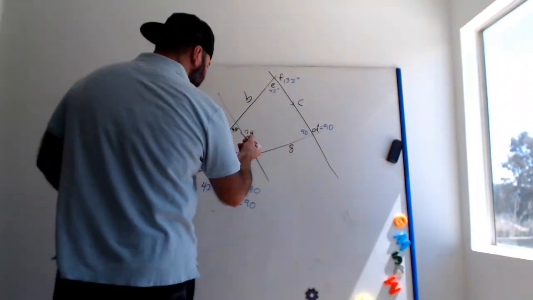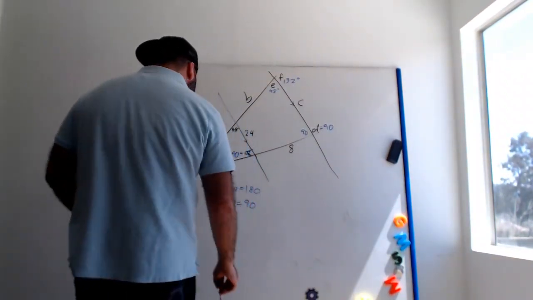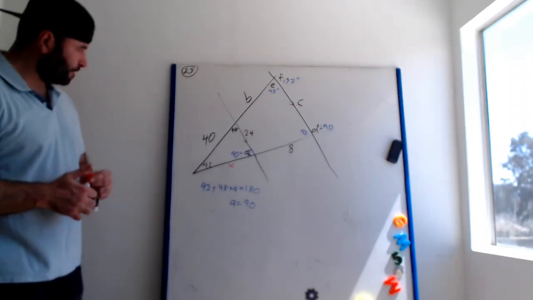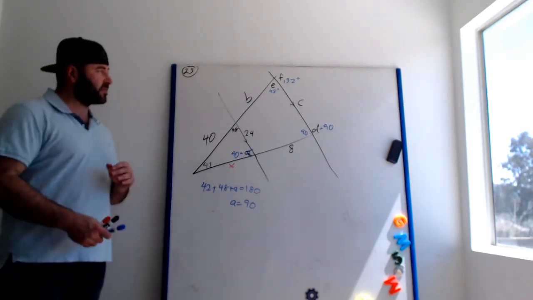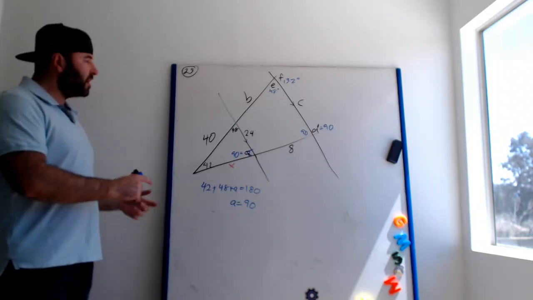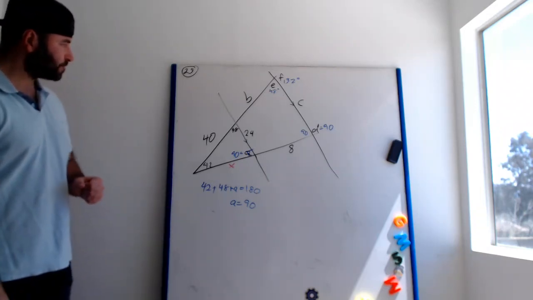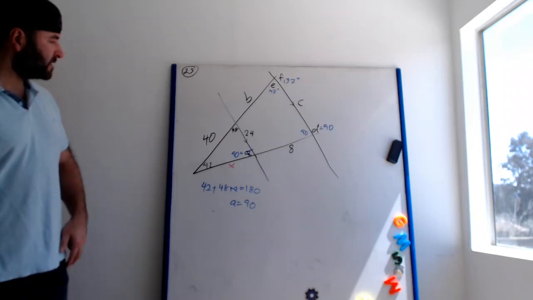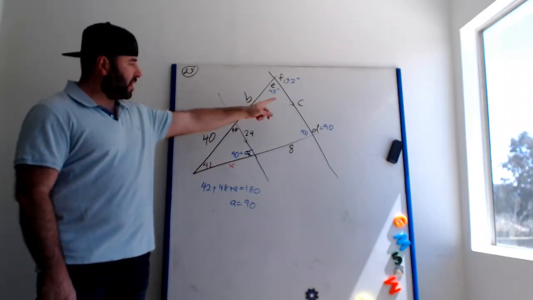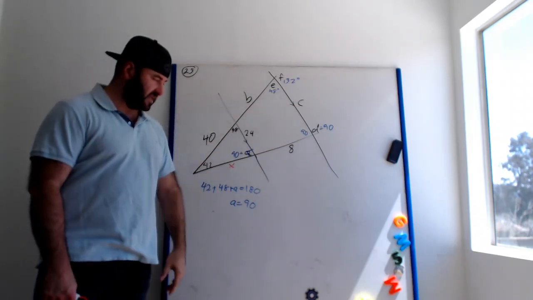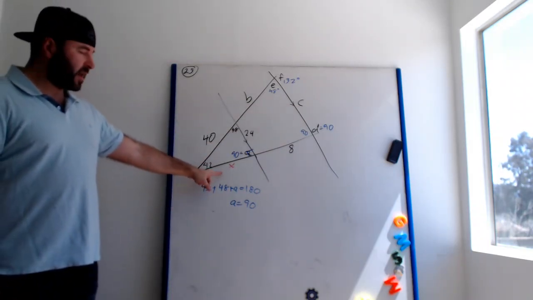We're going to find, and we'll label that as X. And the reason why we need to find X is so that we can set up some of those proportions that we had on the last problem. Okay? So we need to find X in order to find B, and then B will help us solve for C. So how do we find X?